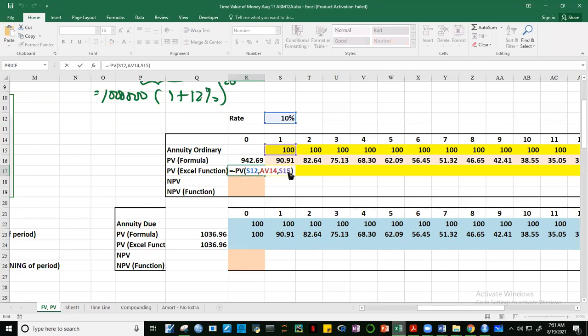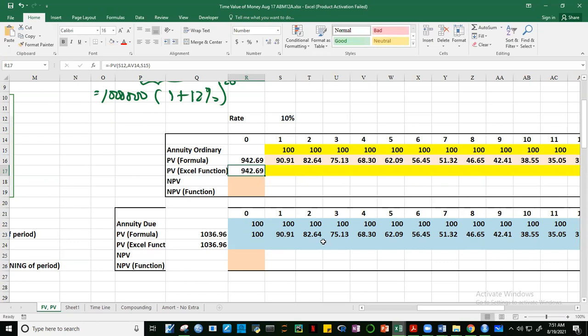So if we use this function, notice hindi na natin linagyan ng future value at saka type kasi in this instance na 100 for the next 30 years, hindi naman yung 100 future value. It's considered as an annuity. Sa Excel, PMT yun, no? PMT. Okay, and then we get the same answer, 942.